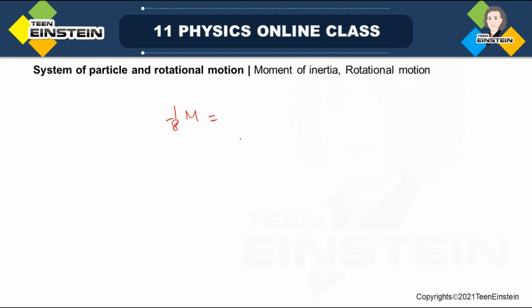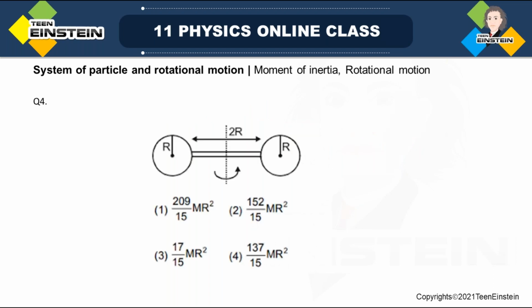Sorry, this will actually be m capital R cube by small r cube. Okay, m goes off. R cube is equal to capital R cube by 8, and r will be the cube root of 8, which is 2.